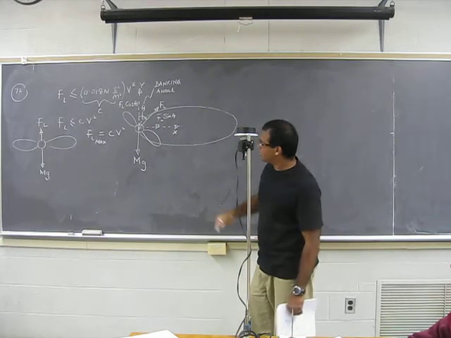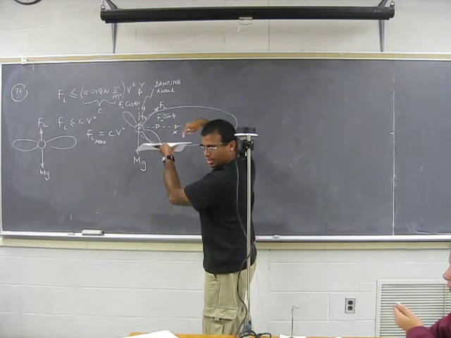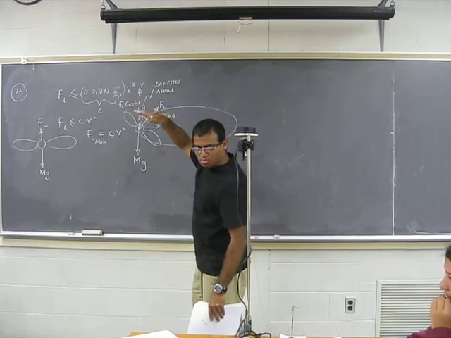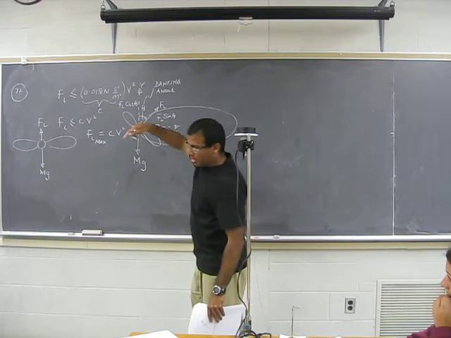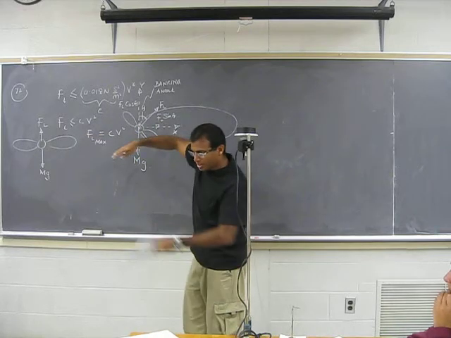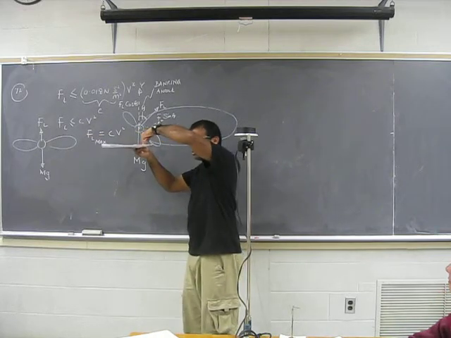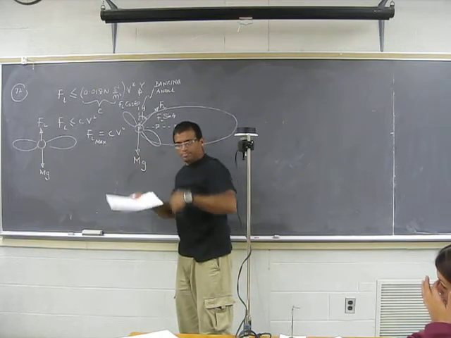Now, the other thing is that this bat moves in this circle continuously, so it does not move upward or downward. Now, we assume that it moves in a flat circle like this. So it does not move up or down.